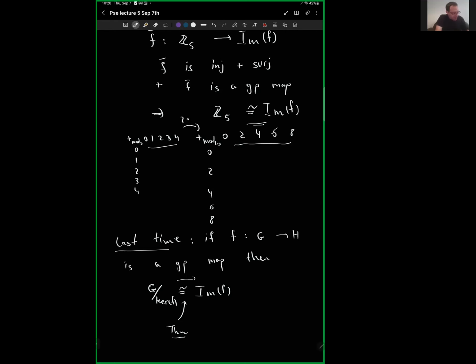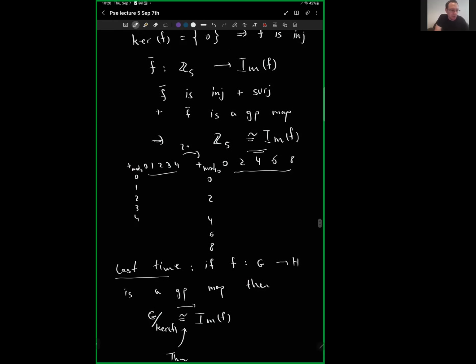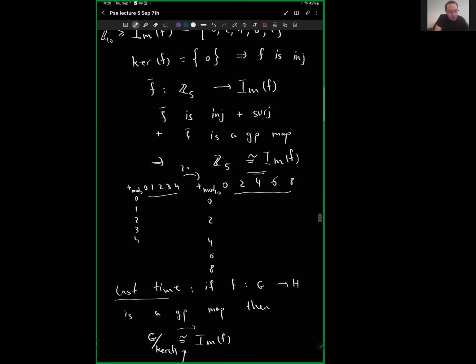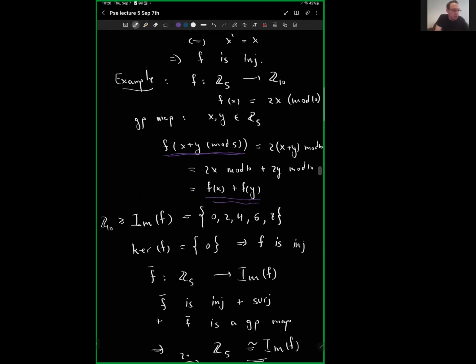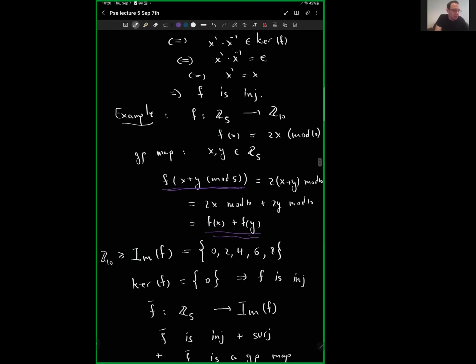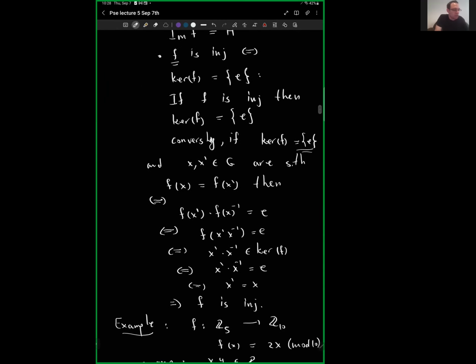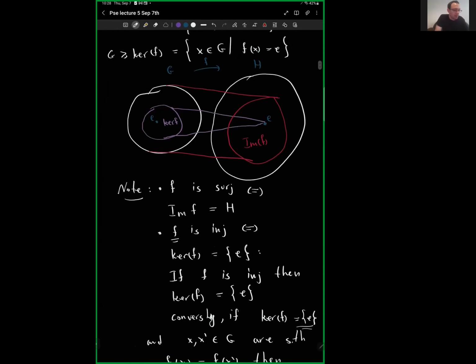So what I'm saying is there is a certain duality between injective and surjective maps. I don't want to put it in formal terms because I think it is a bit too advanced for us now. But just intuitively speaking, you could extend the duality between injective and surjective maps to kernel and image.